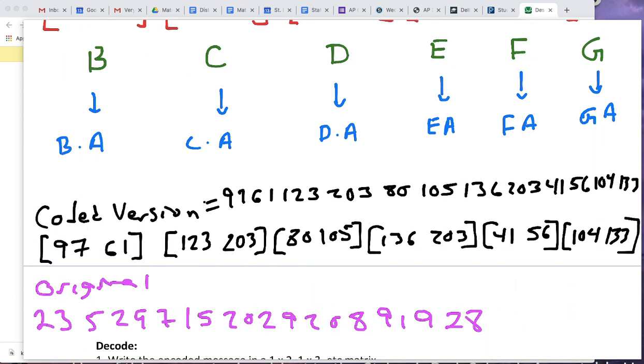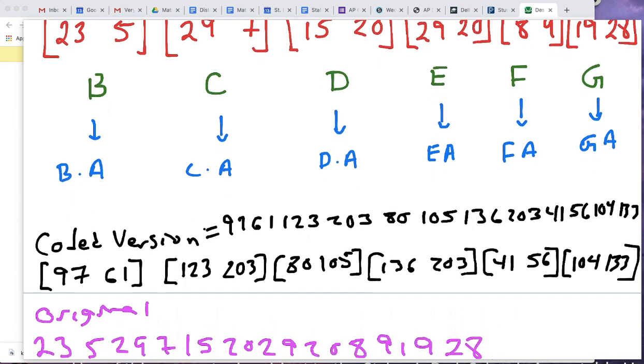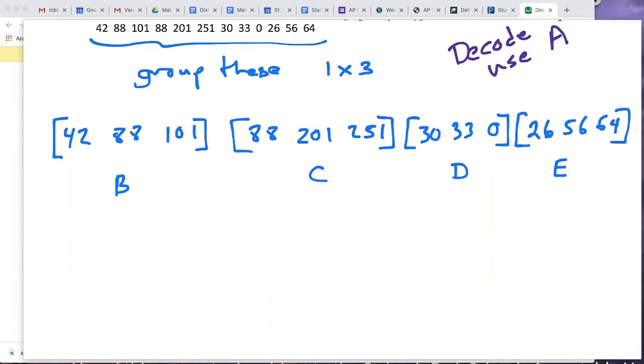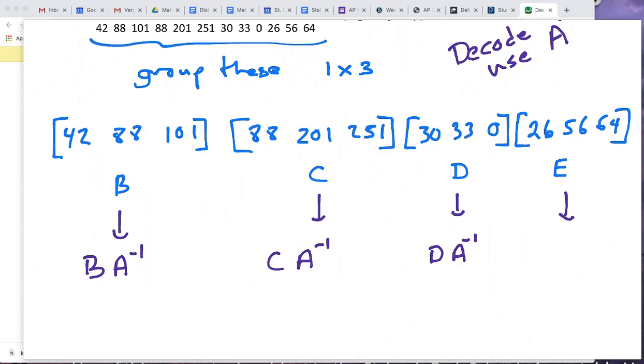Remember, when I coded it, I multiplied by A. Now I'm going to decode, so I'm going to multiply by the inverse of A. So I'm going to do B times the inverse of A, C times the inverse of A, D times the inverse of A, and then E times the inverse of A. And then I'm going to write those numbers down and transfer them into letters and see what it says.